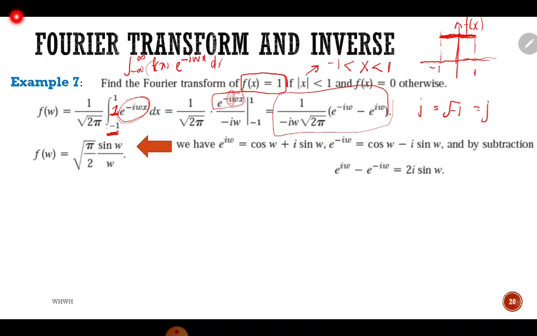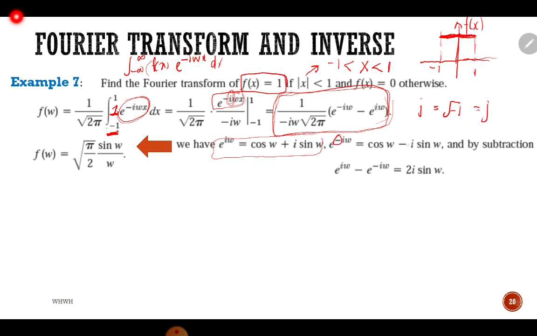And then from here, if you remember last week, I uploaded to Google Classroom the list of important properties, transform table and also trigonometric identities. In there we have what we call the Euler formula, where e to the power of i omega equals cos omega plus i sin omega.